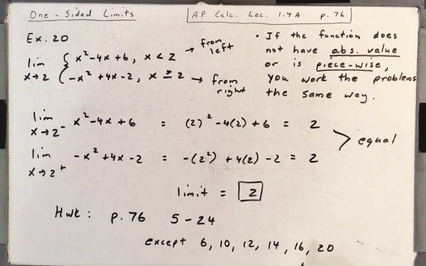So all the examples I did in your notes, don't do those again. But everything else, do both the odds and the evens, do 5 through 24. All right, that does it for this lecture, and I'll be making the solutions video for this homework shortly.